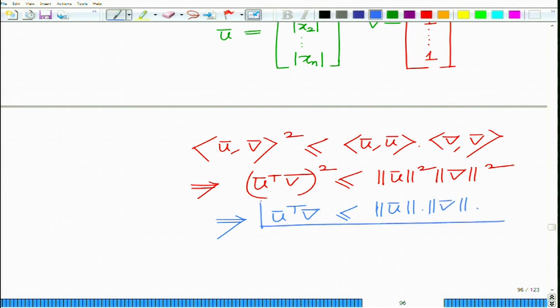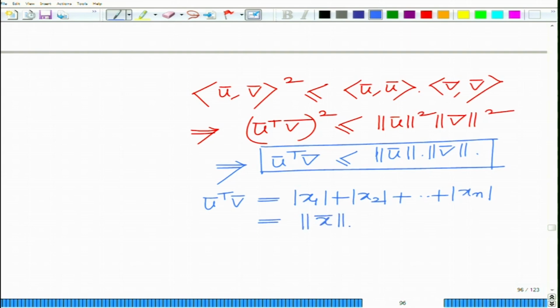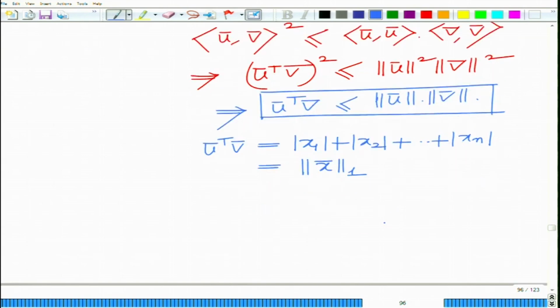We know this property. Now, all we have to do is substitute u bar and v bar from the definition above. You can see u bar transpose v bar is nothing but magnitude x1 plus magnitude x2 and so on up to magnitude xn, which is the 1 norm of x bar.